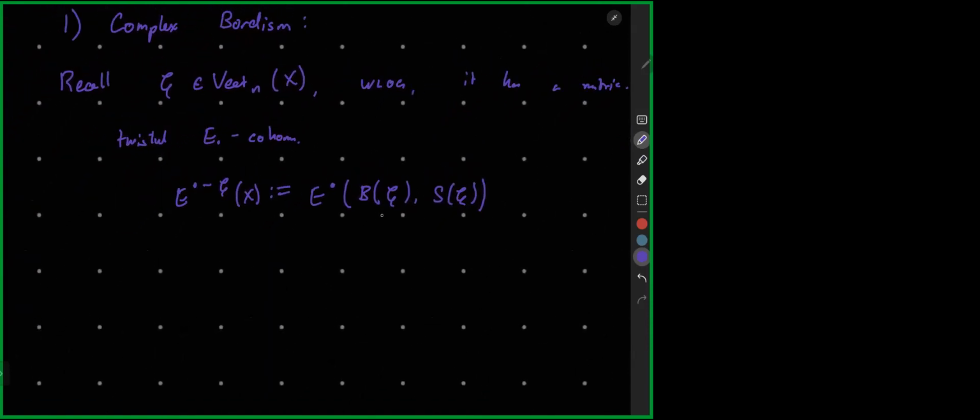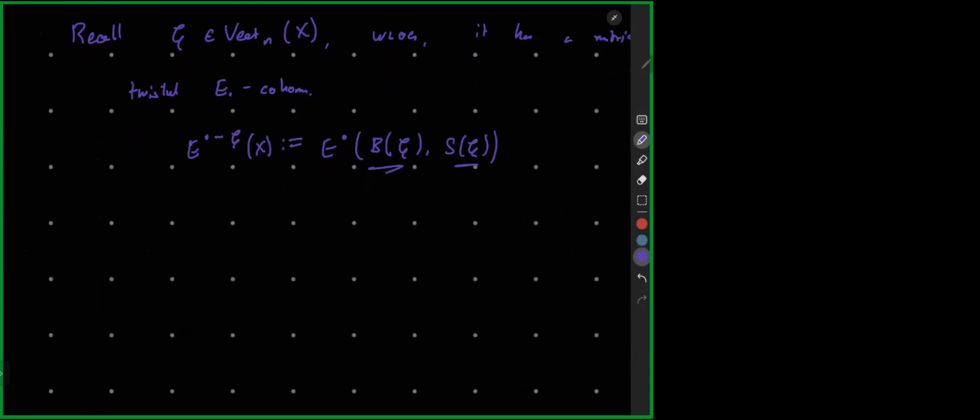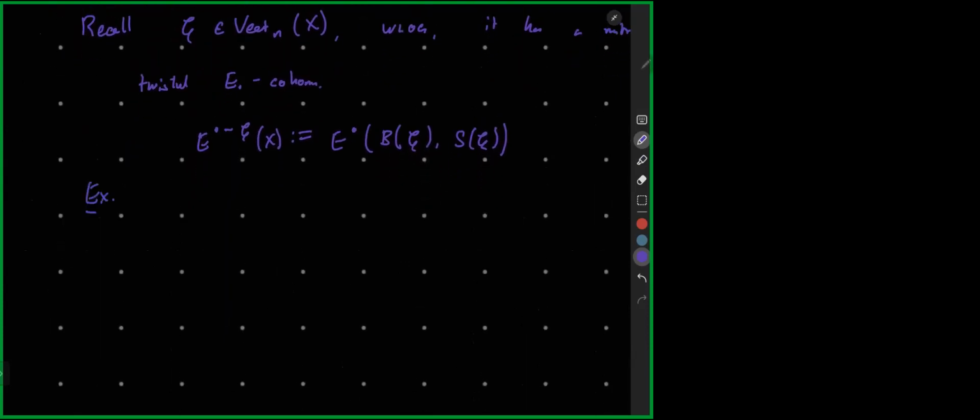You recall that you get these things by taking the unit disk and unit sphere at each of the fibers. So this is basically writing down something that looks like a Thom space. I mean, it is a Thom space. As an example of this, if zeta is the rank n trivial bundle, so I guess that'd be C^n times X over X. Maybe you need this to be a real bundle.